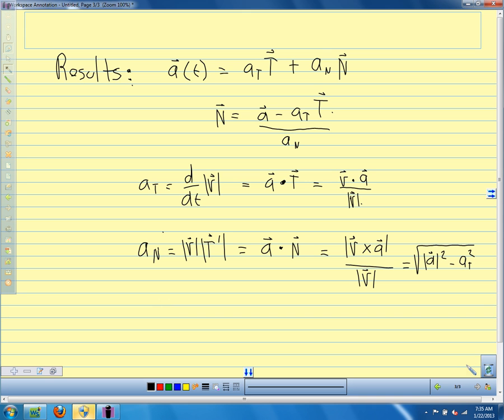So these two quantities come from the derivations that we're not going to do in class. These are the ones that we're normally going to compute with if we want to find our tangential and normal components of acceleration. But it takes about 15 minutes of work to get to these.